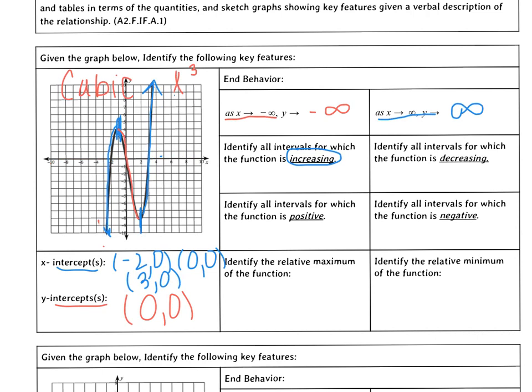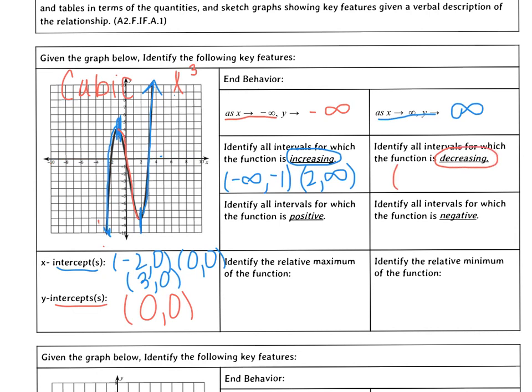So I see what it's doing on the graph, but now I'm going to give it a name. So the interval of increasing is from off of the graph, which is -infinity, to -1. And then it also increases from 2 to +infinity. Okay. Now the places that it decreases are those places where I drew the graph red.